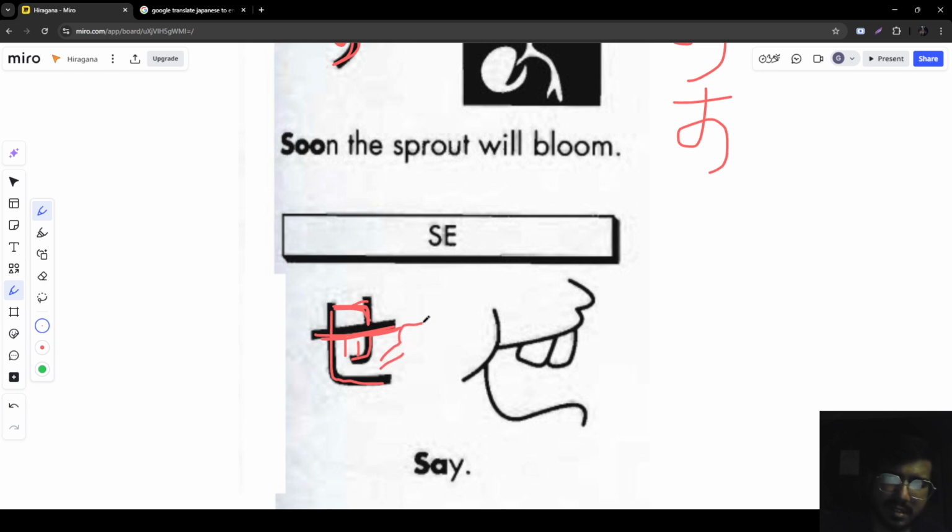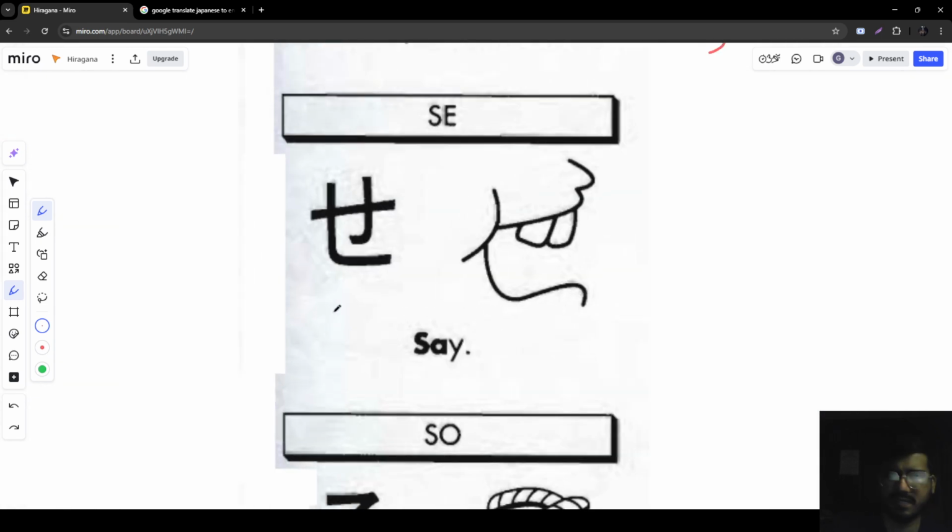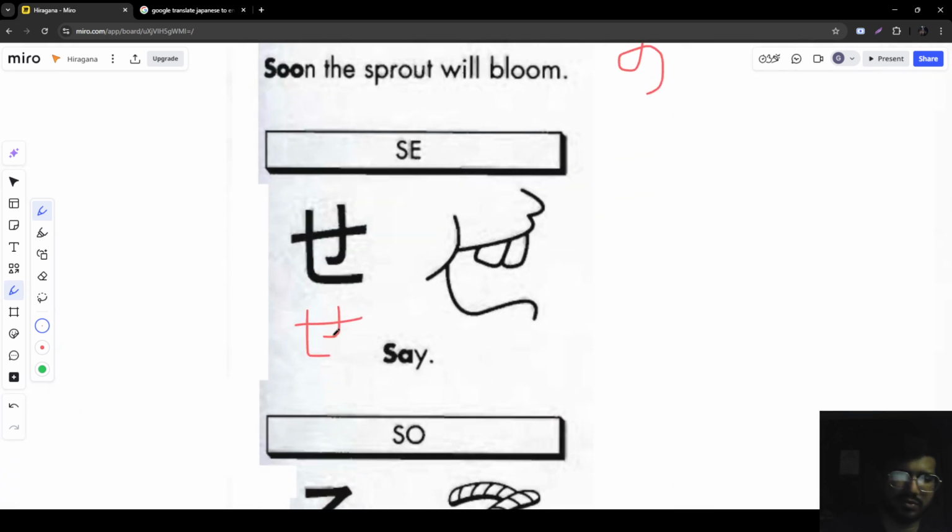Say anything. Okay, it's a little bit difficult to remember, but keep on practicing, because the resemblance to say is not that good, so it may take some time for you to actually connect the letter to say, but please keep practicing.